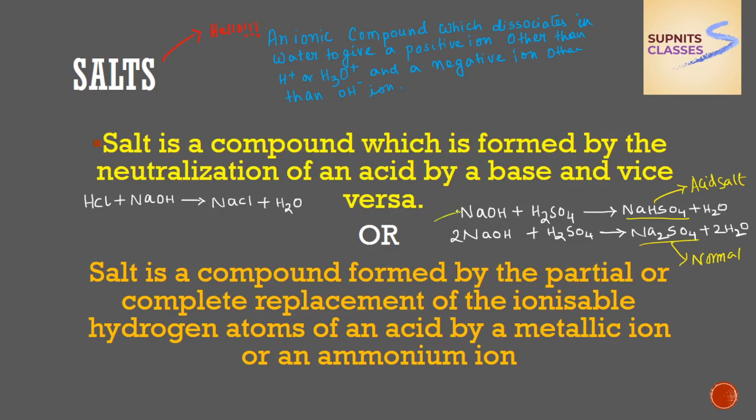In this case, partial neutralization has happened. The base has partially displaced the hydrogen of H2SO4. In the other case, complete neutralization has happened. This can be done by a metallic ion, or it is also possible by an ammonium ion. Ammonium sulfate is also a salt.